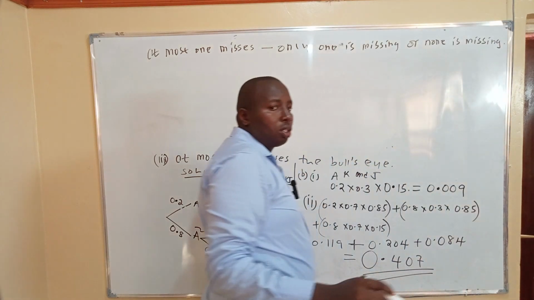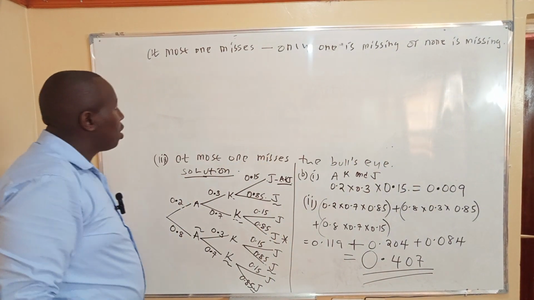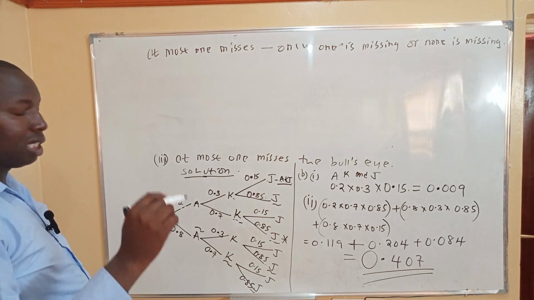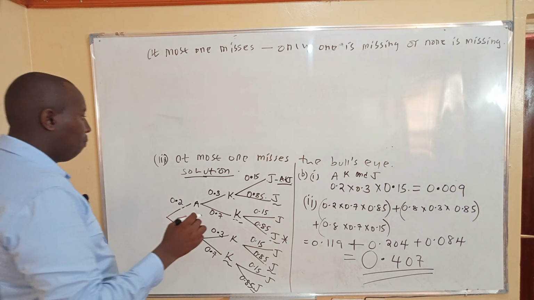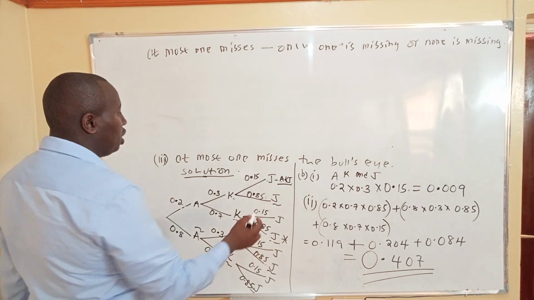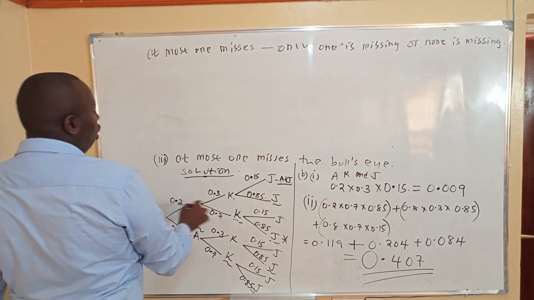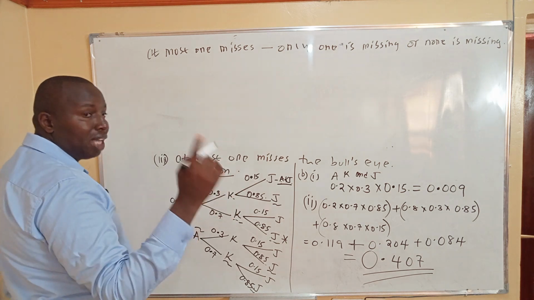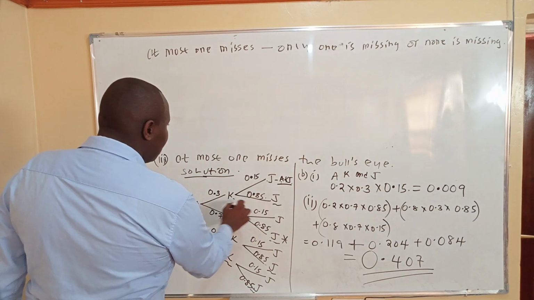So we have options: either one is missing or none is missing. If none is missing, all of them are hitting the bull's eye. So that's an option.